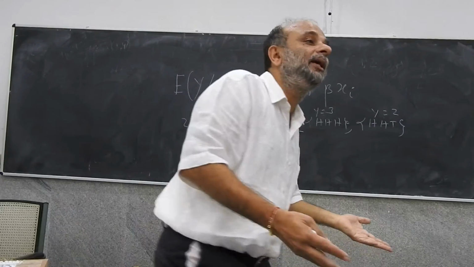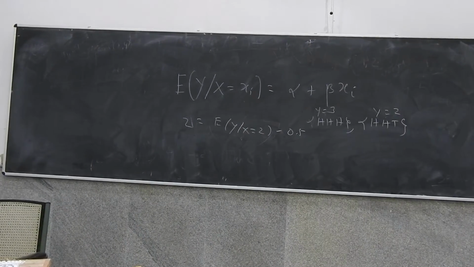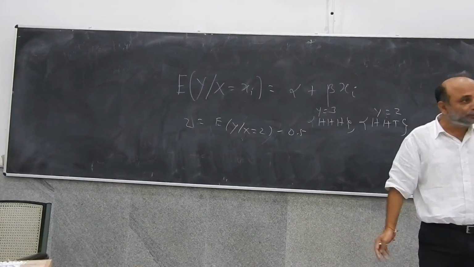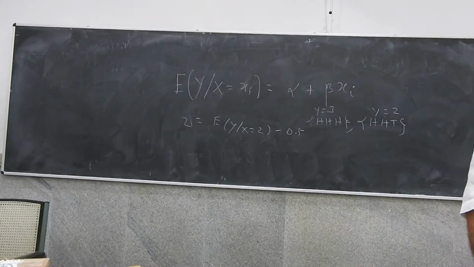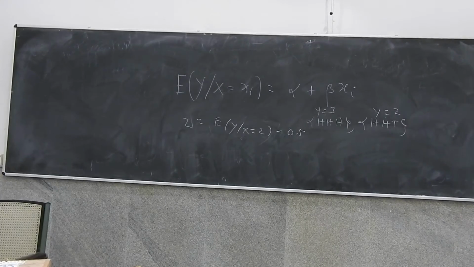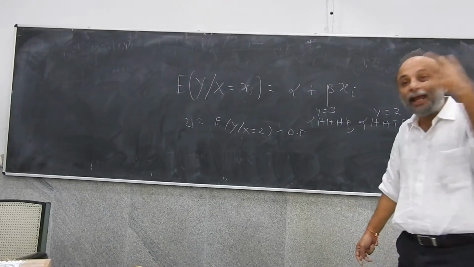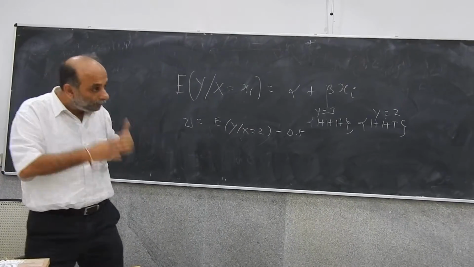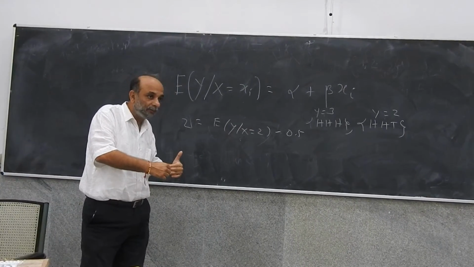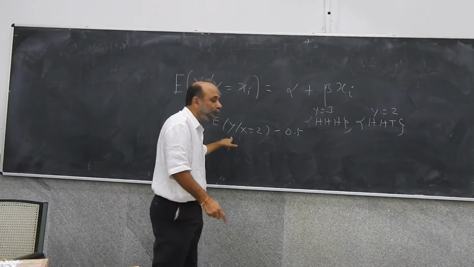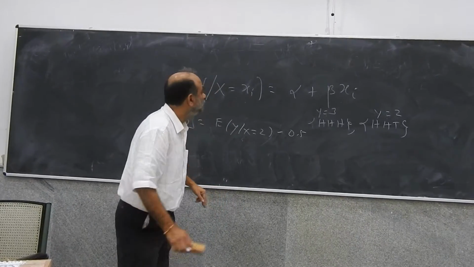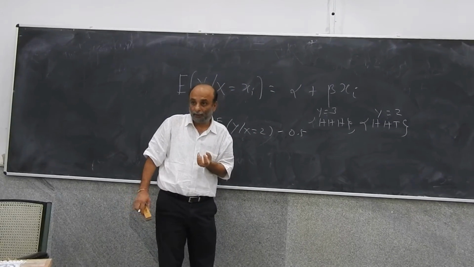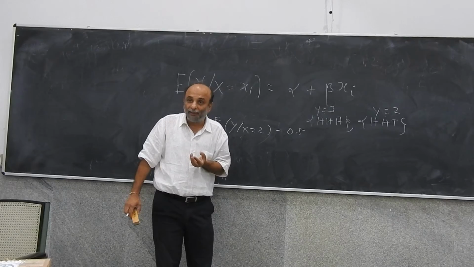So all that you can say is the actual value of y will differ from the conditional mean of y given x equal to 2 by either plus 0.5 or minus 0.5, but you can't predict them beforehand. Right? So that gap will take the value plus 0.5 with probability 0.5 or minus 0.5 with probability 0.5. In other words, this gap is itself a random variable.